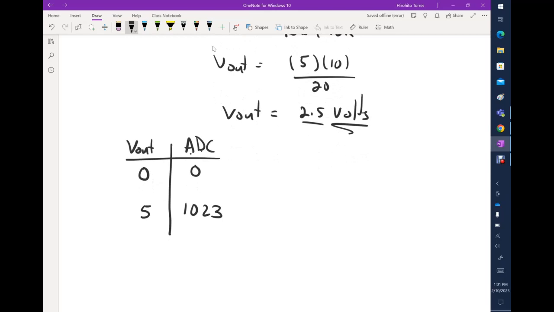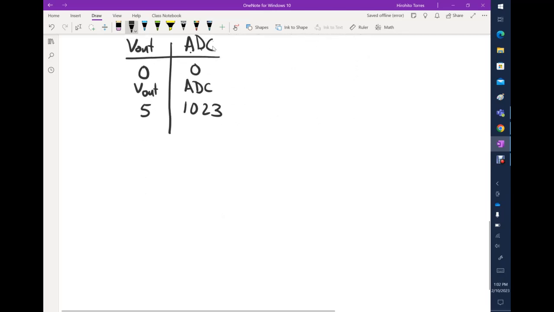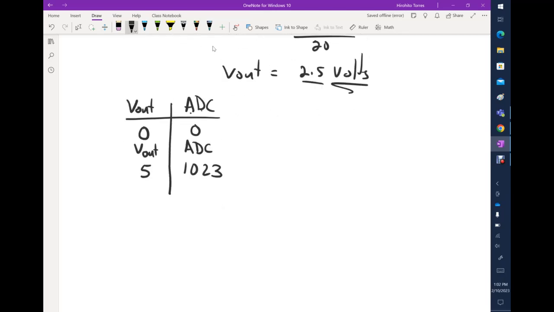So basically any value here of voltage out will be converted accordingly to another value here that we're going to call ADC, whatever value is there. So any voltage that comes along will be converted accordingly to a value on the ADC side.